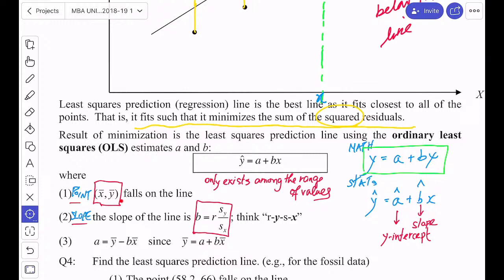So where there's one point, we put that in here, and we have a slope, so we put that in here. And then we can solve for A. We derive this, so I plug in all the values to solve for A, and then I use it in my equation. So these are the steps.